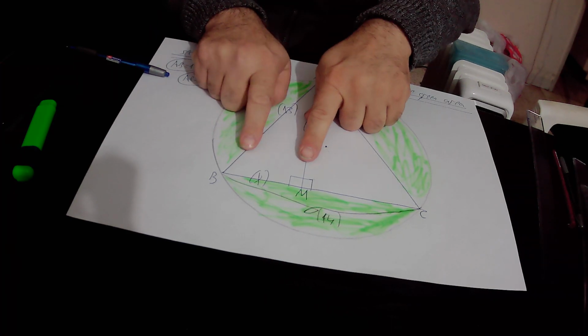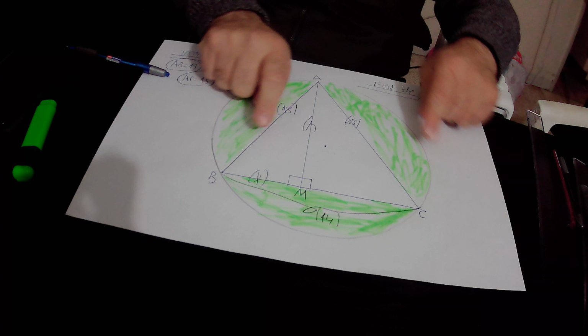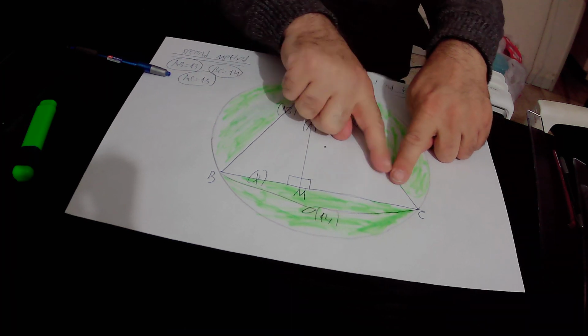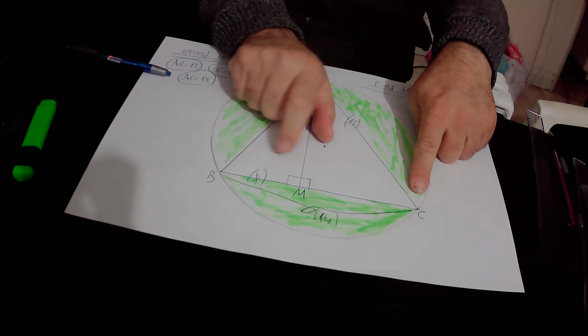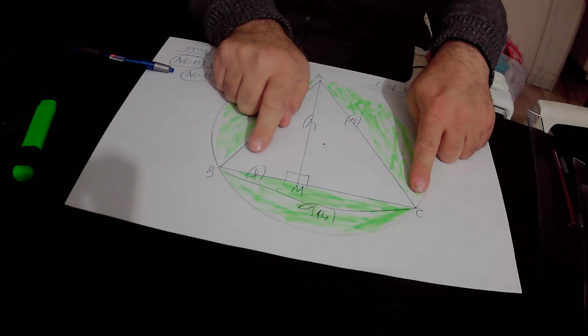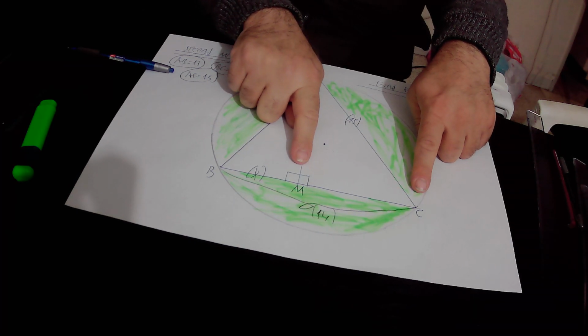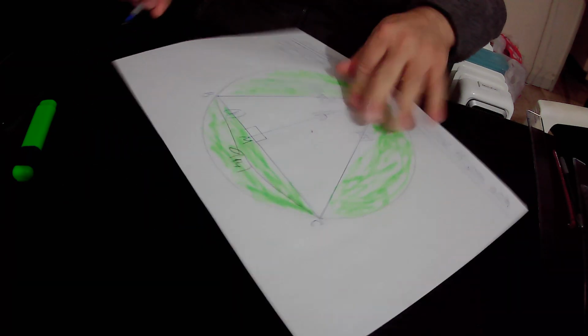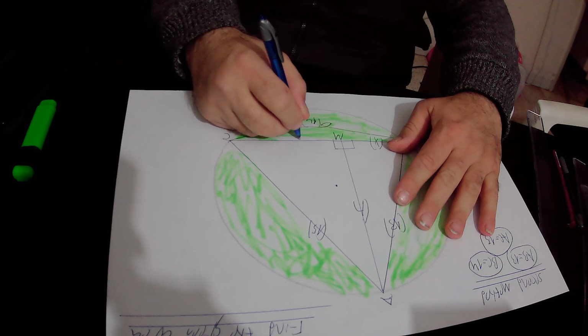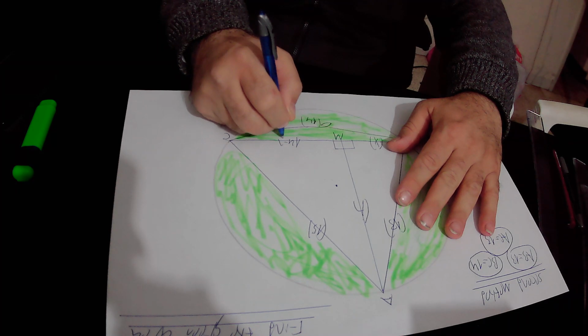According to our definition, BM equals X. Therefore, the missing side CM equals CB minus MB. CB is 14, MB is X, so in total, CM equals 14 minus X. So I write it down, CM equals 14 minus X.